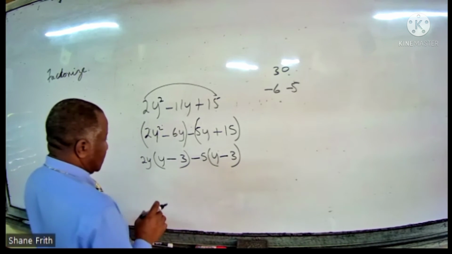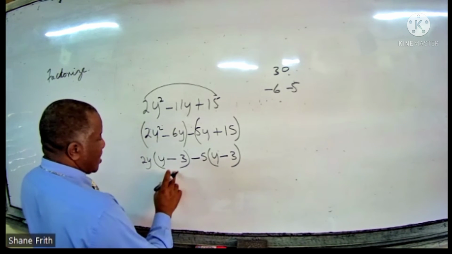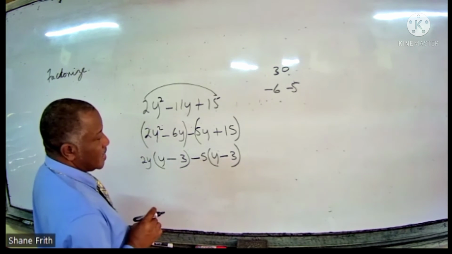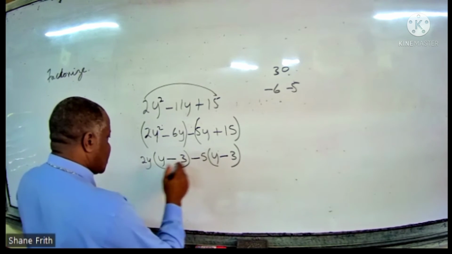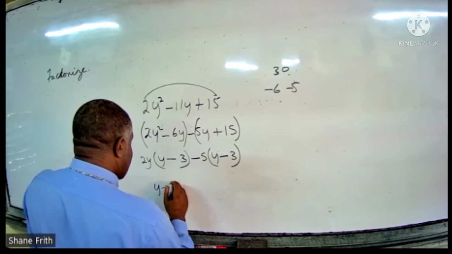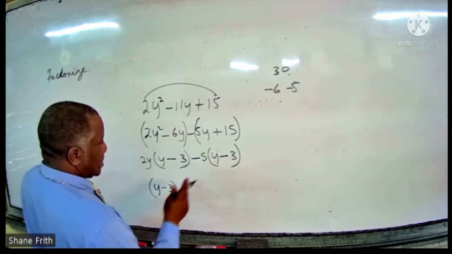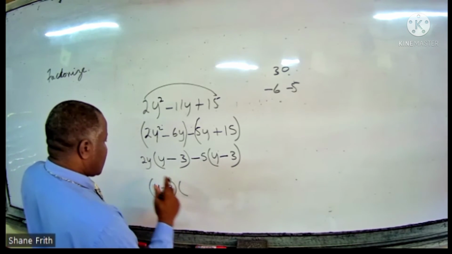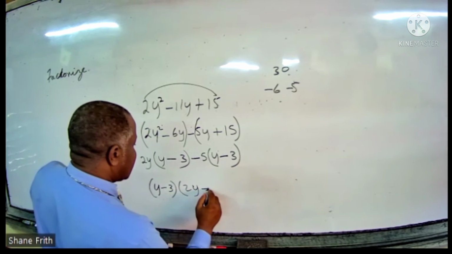All right. So I'm still going to factorize, but here I'm going to factorize by taking out the identical bracket, because it's a factor of this and it's a factor of that. So I'm going to take out my identical bracket, which is y minus 3, and then since I take it out as a factor, I'm left with 2y here, and minus 5.